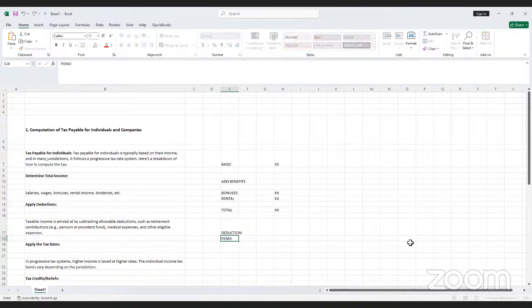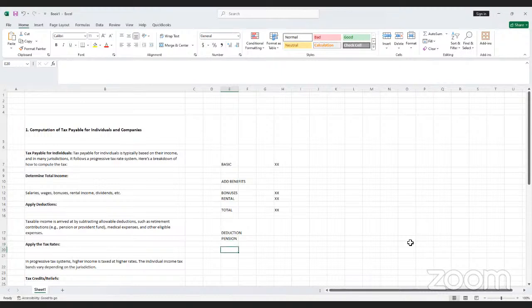But when it comes to taxation, you also have to know the set limit of a pension, so you contribute up to that limit. Likewise, if you contribute to NSSF, it is also a deduction. To say a deduction means it reduces your tax liability.